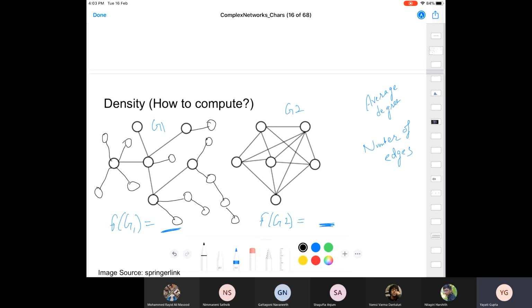So number of edges is actually the right way to go about it, but what we need to do is, okay, Shagusta says average number of edges per node. Average number of edges per node, is that same as average degree, is it?